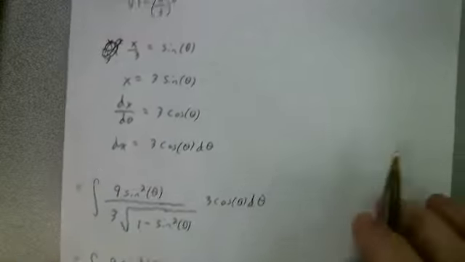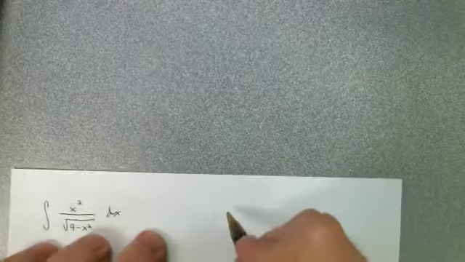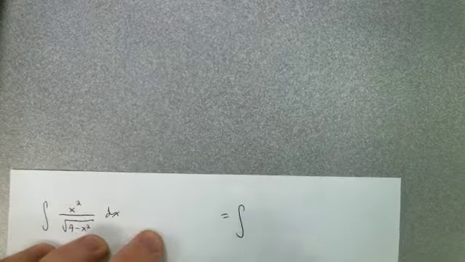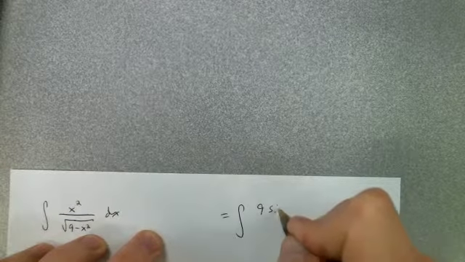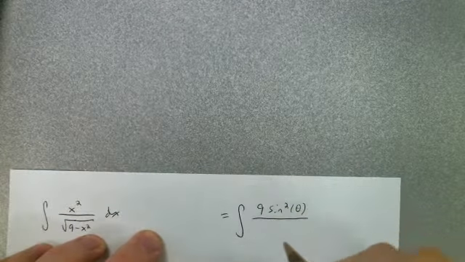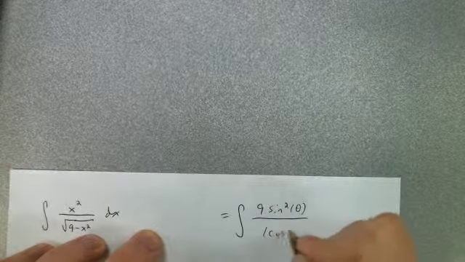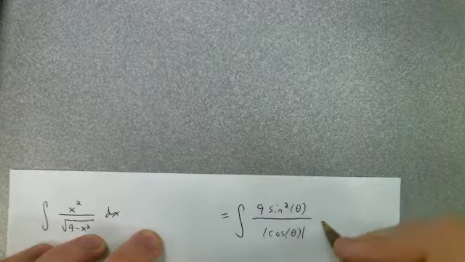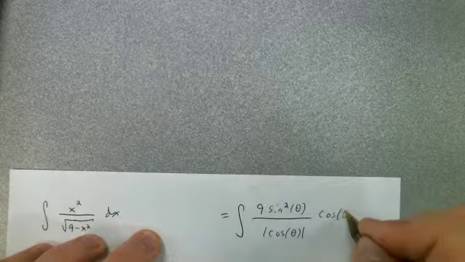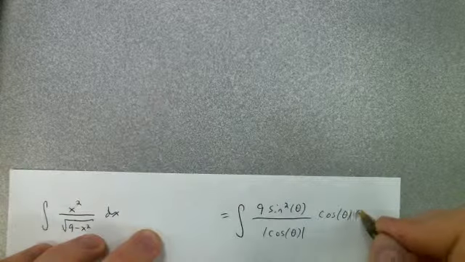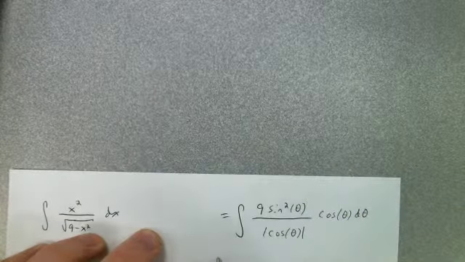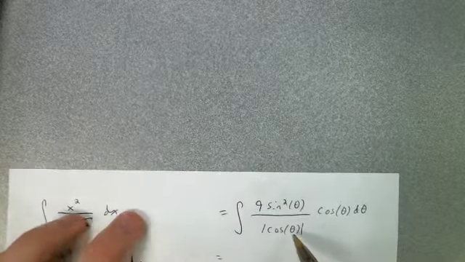Now the square root of cosine squared is the absolute value of cosine. But in video number 1 or 2 of this section, I believe, we reasoned that we don't need the absolute values here.